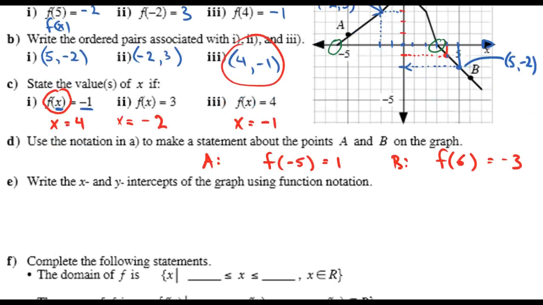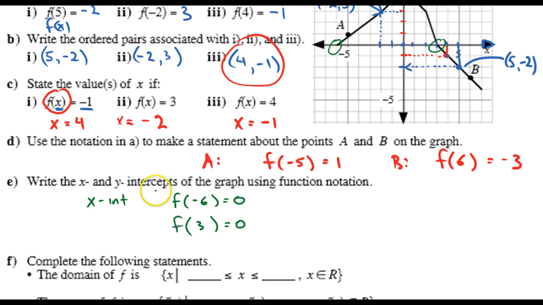So let's look at the x-intercepts first. There are two of them. There's negative 6, so f at -6 is going to equal 0, right? Because the y-coordinate is always going to be 0 at the x-intercept. And the other one is f at 3 also equals 0.